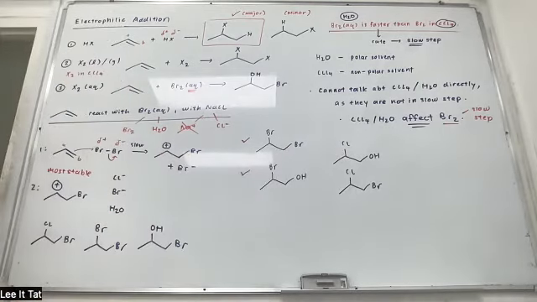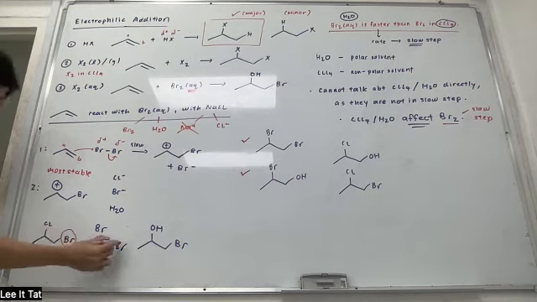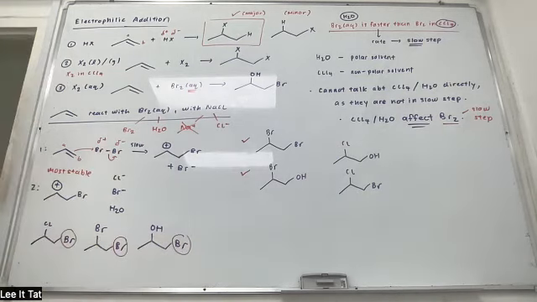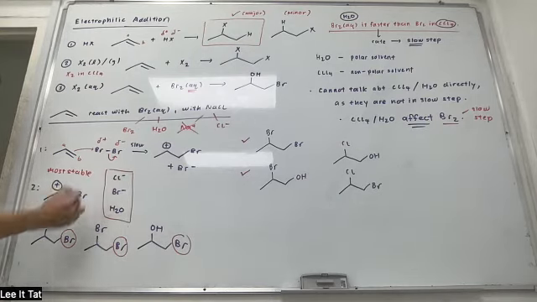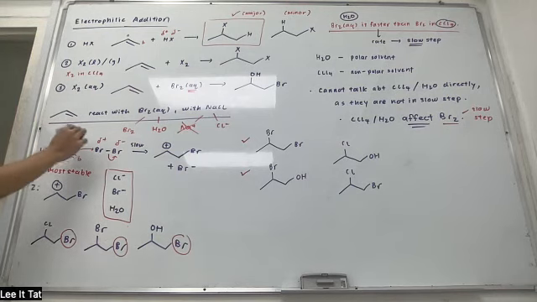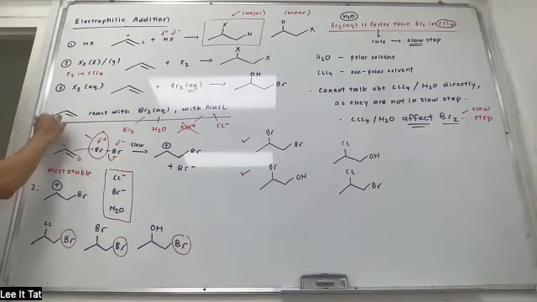Why cannot? You realize there's a pattern, right? There's something in common out of all the products that we've drawn. Why is Br a common thing in all our products? Because look at the mechanism. What happened in the first step? No matter what kind of nucleophile attacks in the second step, in the first step you're always attacking only one electrophile.